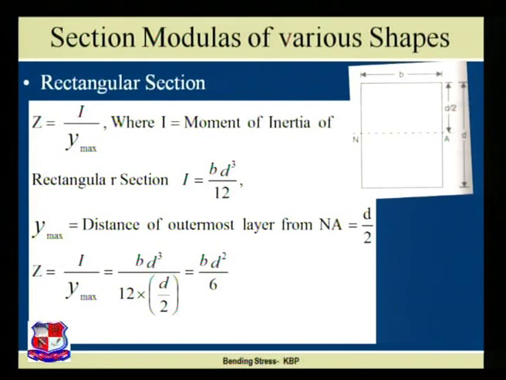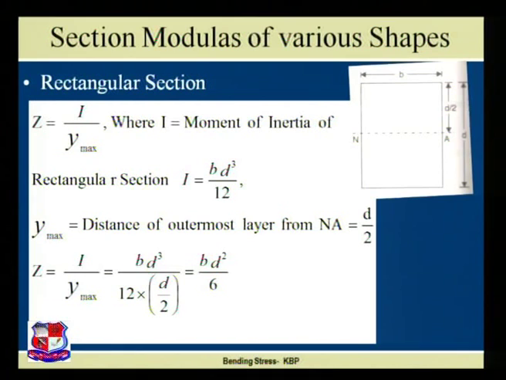Now, we know that for rectangular section, what is the value of I? It is b d cube by 12, that we have already learned in the earlier chapter. So, Z is equal to I by y max.